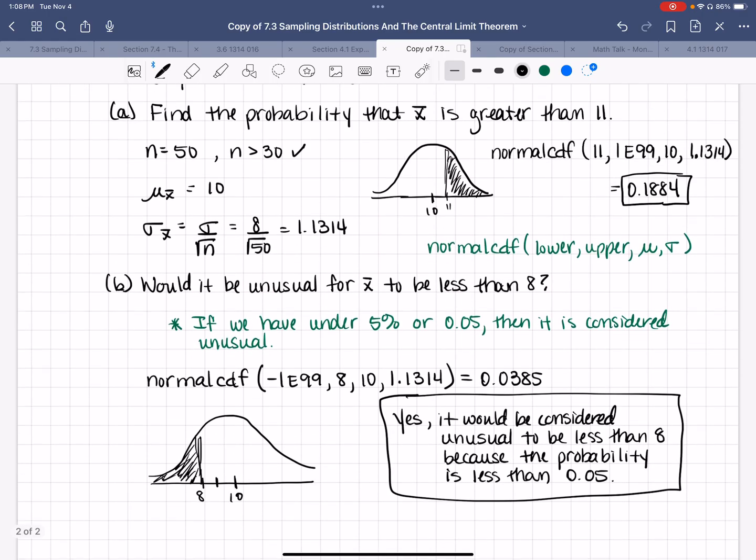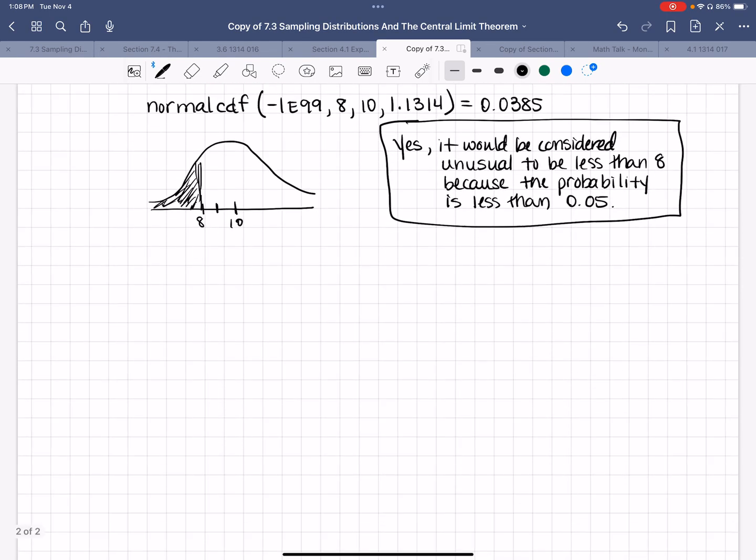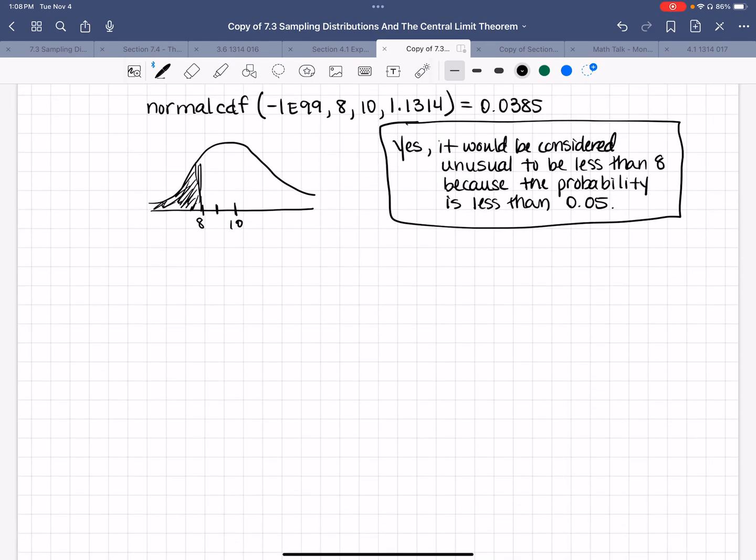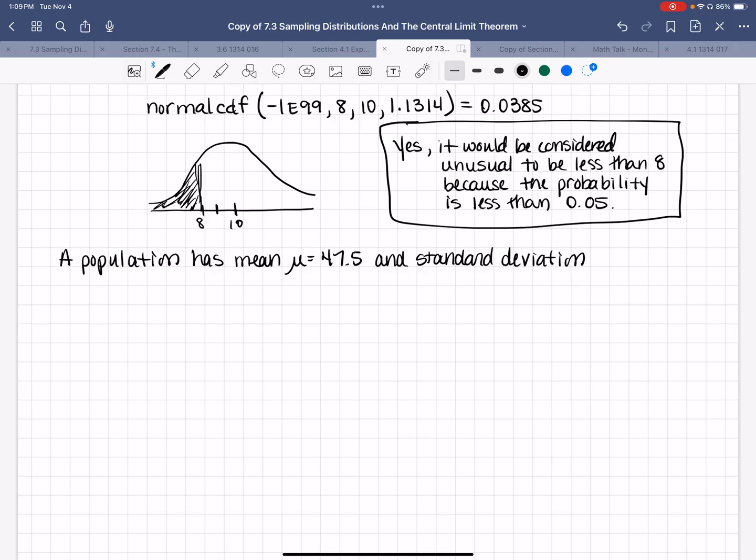Second part of example 2, so it's like there were 2 problems in example 2, both have 2 parts. The second part says a population has mean mu equals 47.5 and standard deviation sigma equals 12.6.